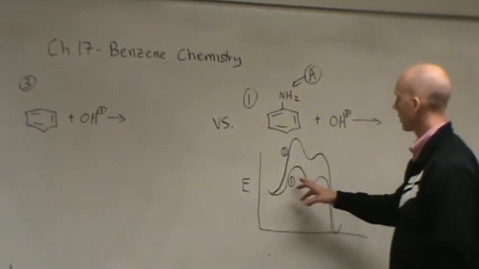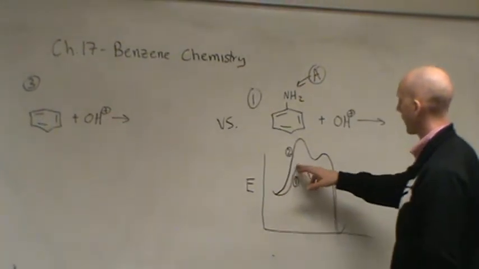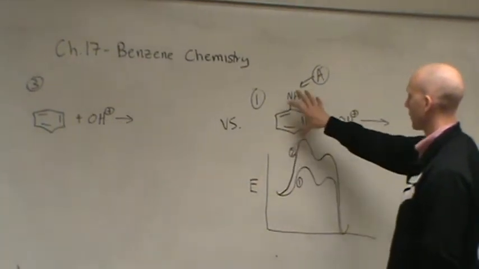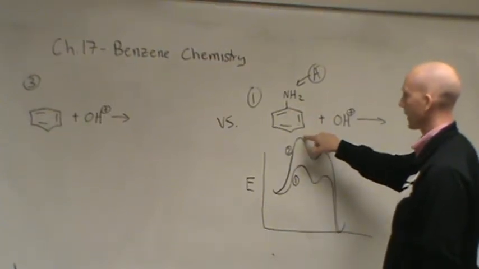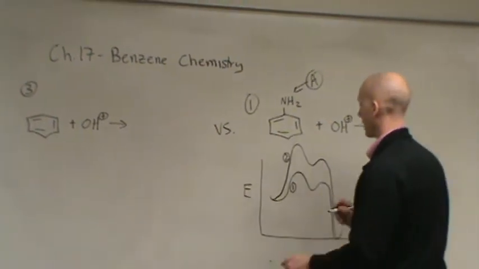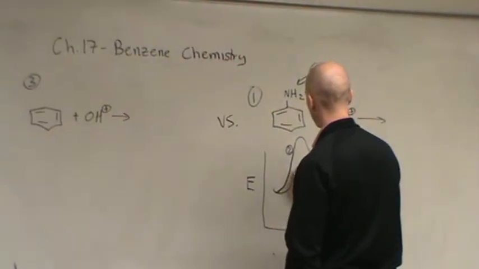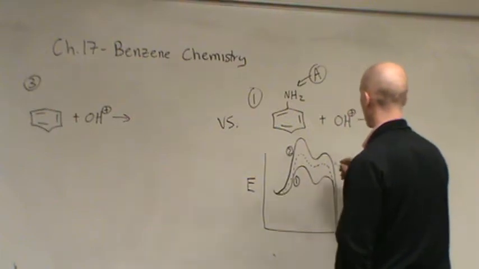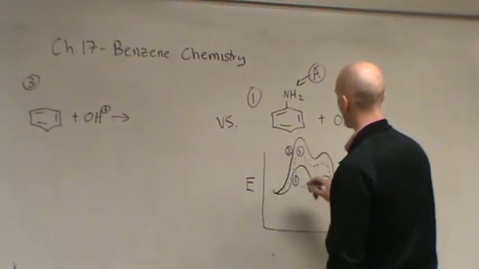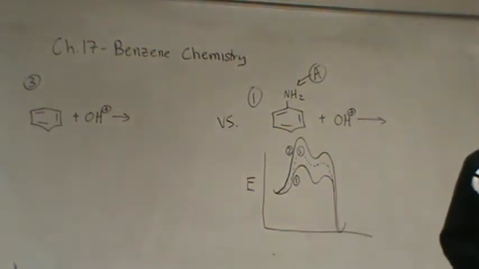Well, it'll have a higher activation energy than 1, because remember this is electron rich, ready to go, but it won't be as high as 2, which had the deactivator. So it'll be somewhere in between. Okay?